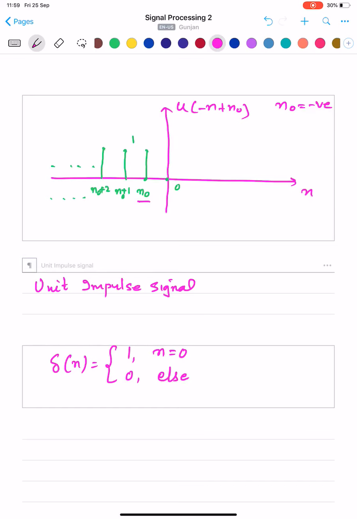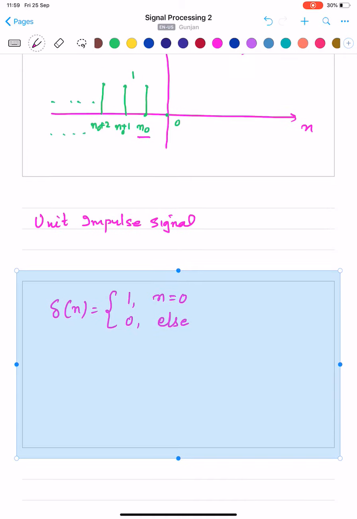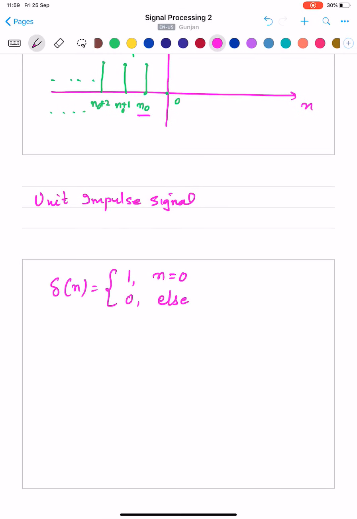One important difference between the discrete time domain impulse function and the continuous time domain impulse function is that this function can be derived from the unit step function. So if you take u of n minus u of n minus 1, if you subtract these two, then you will be easily able to find the unit impulse function.